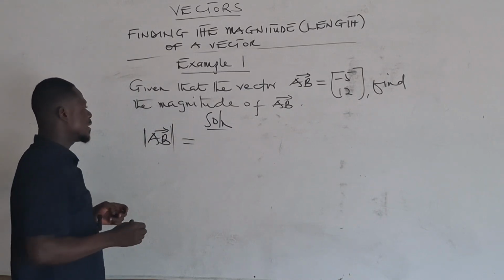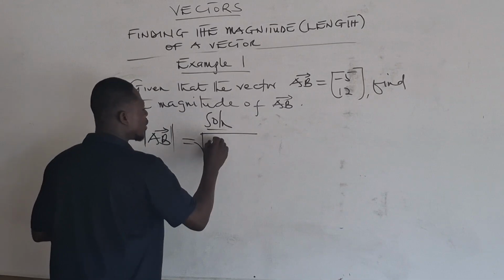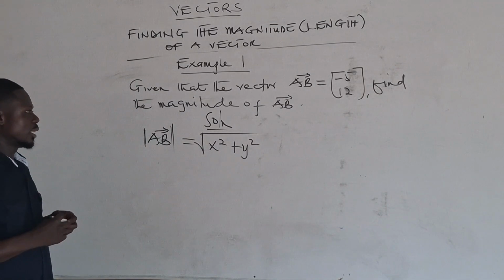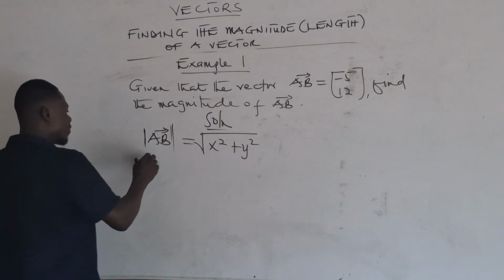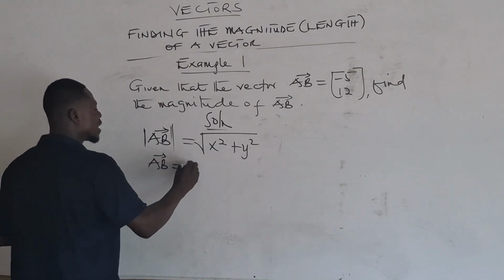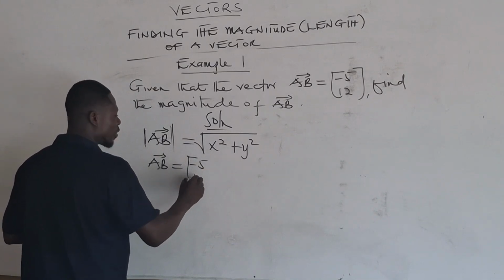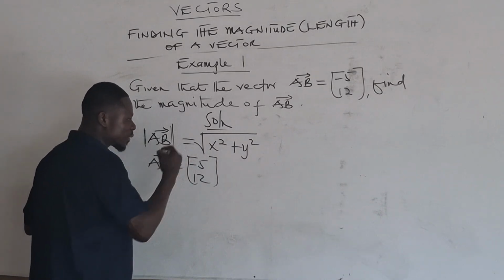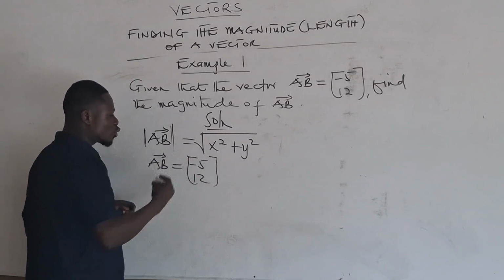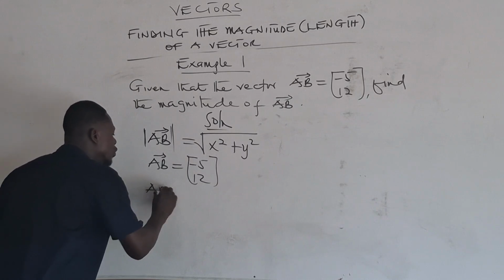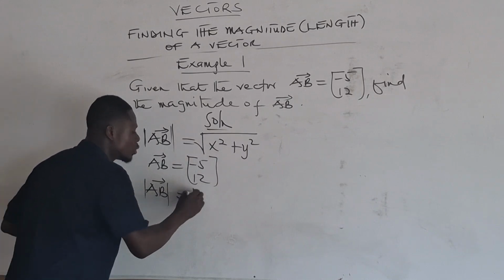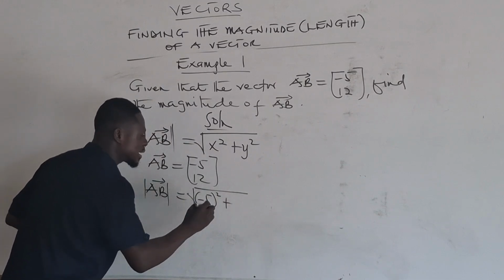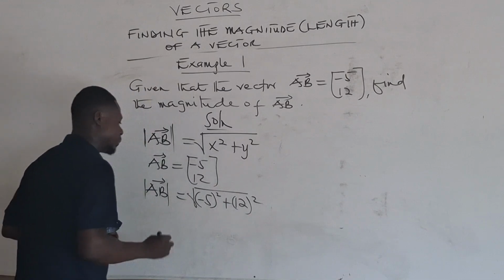And it was said that this will be equal to the square root of x squared plus y squared. So what is the vector? The vector AB was given as (-5, 12). In this case, our x is -5 and our y is 12. So our magnitude will be equal to the square root of (-5) squared plus 12 squared.